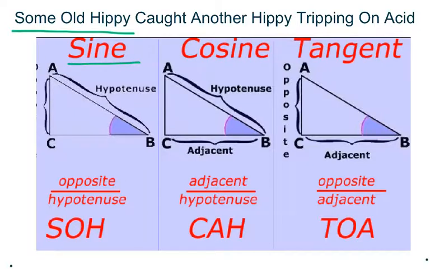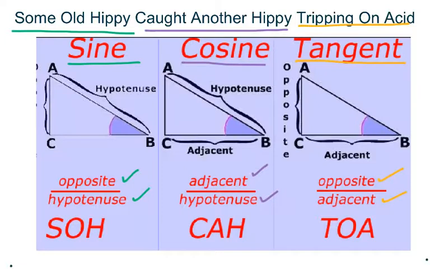Sine is opposite over hypotenuse. Caught another hippie refers to cosine, so cosine equals adjacent over hypotenuse. And the last one, tripping on acid, that's your tangent. Tangent is opposite over adjacent.